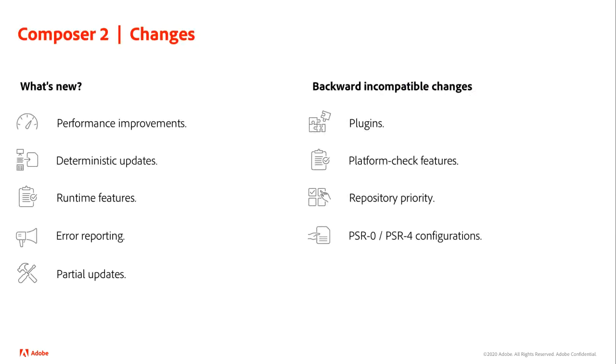And the author of Prestissimo knows that we don't need to use the plugin anymore with Composer 2 because it was already done there. Next, a new thing about Composer 2 is the deterministic update. The process is different, and we will discuss it.